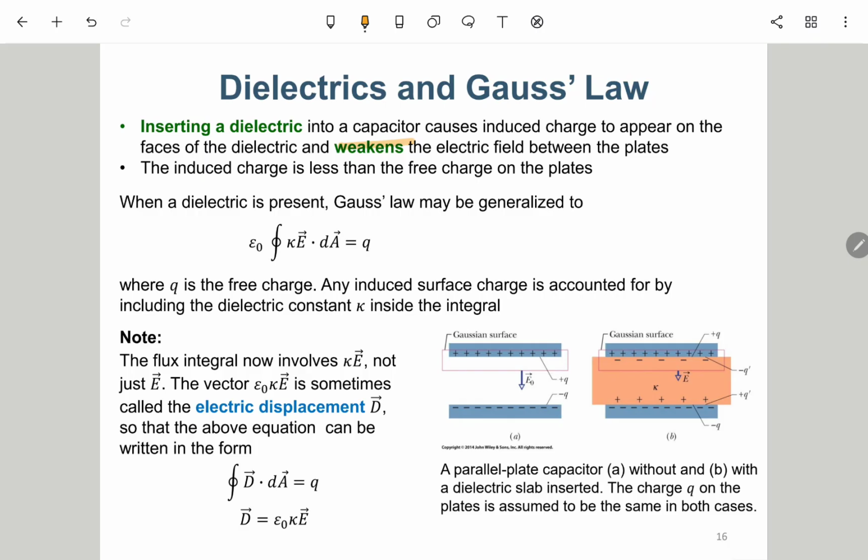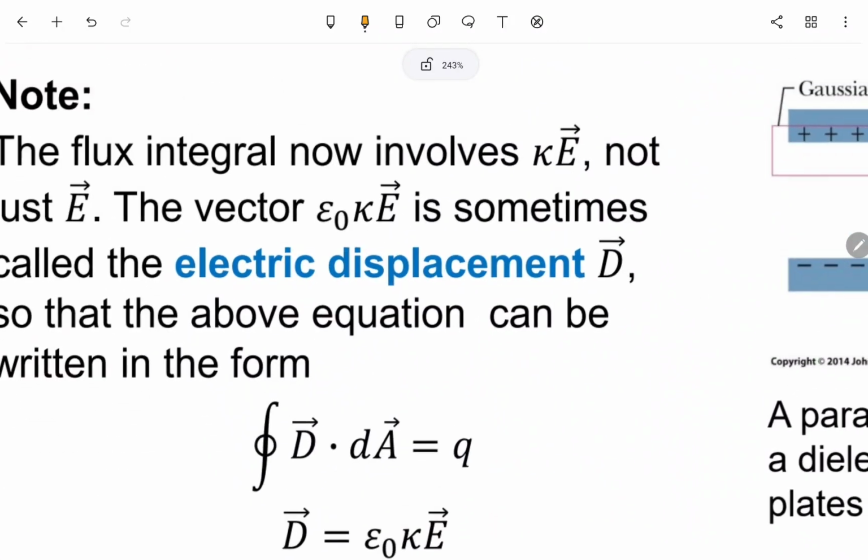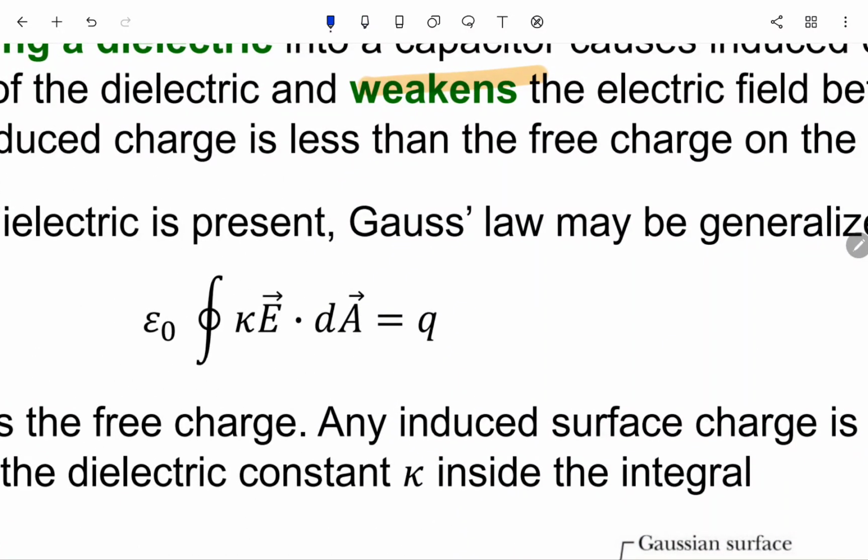So here what we do is, originally, the Maxwell equation is epsilon naught integration of E dot dA equals Q. Here what we have is this kappa.